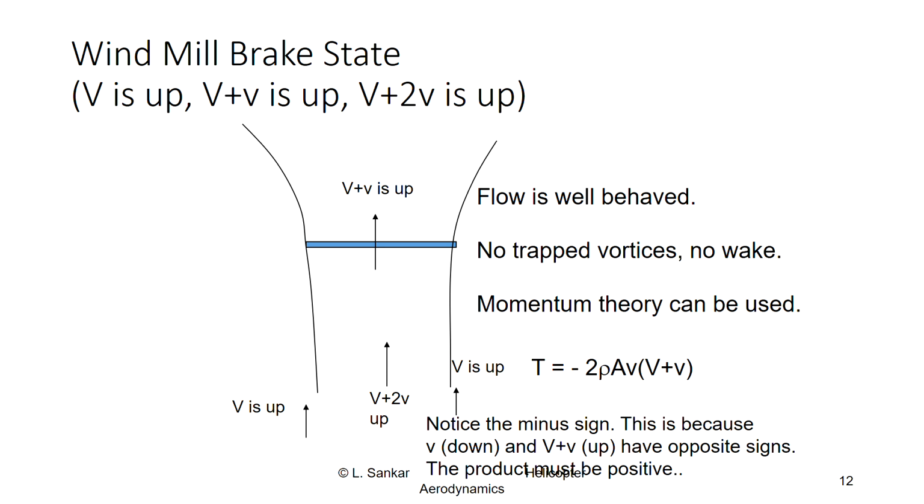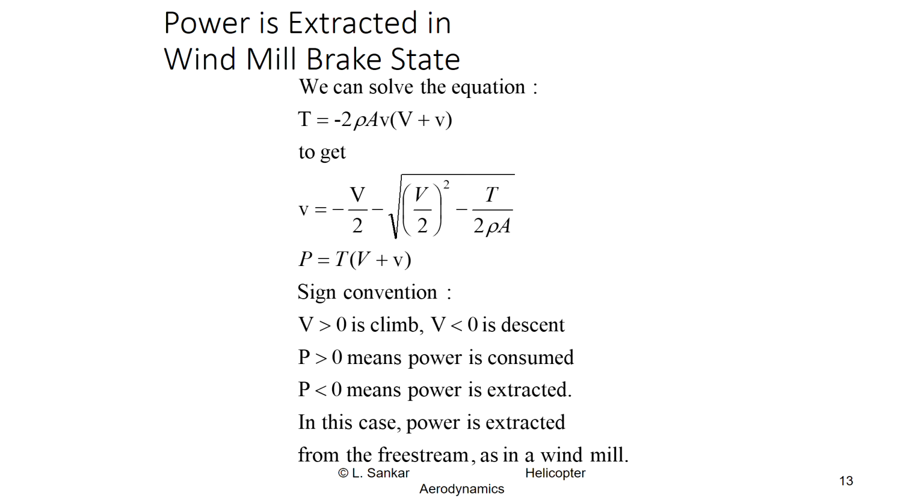So now the thrust is, we can go back to our actuator disc-based model and we can develop a relationship for it. So without formally deriving that particular relationship, I will say that the induced velocity now is minus V over 2 minus square root of (V over 2) squared minus T over 2 rho A. The power is, from the sign convention, now negative.